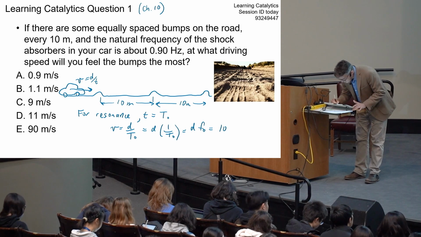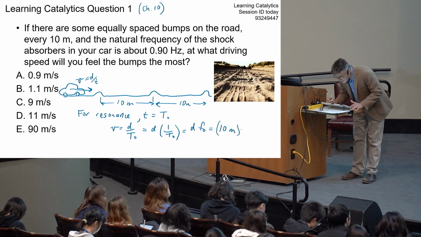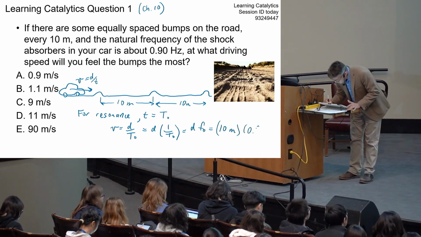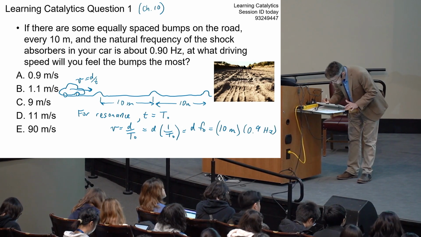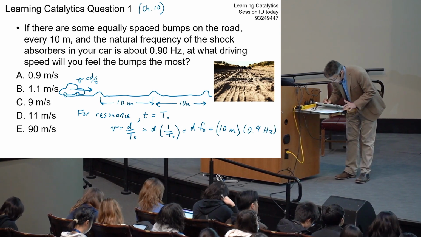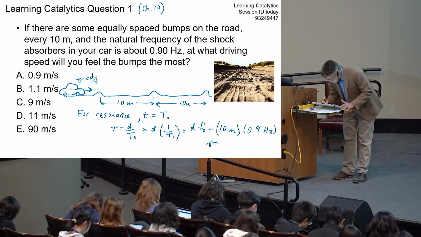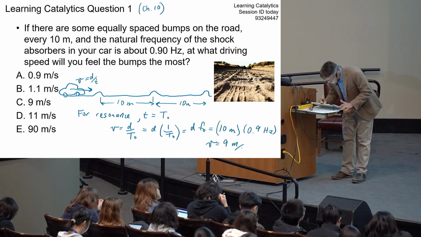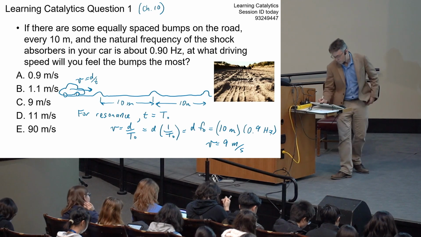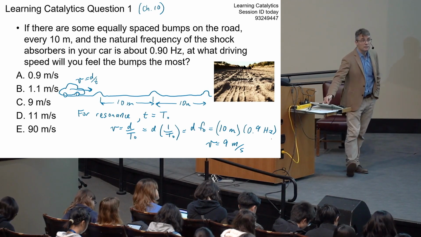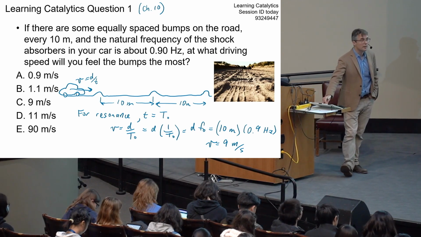So 10 meters is the distance between bumps. You're hitting them at 0.9 hertz, that's the frequency you're hitting them, so 0.9 times 10 gives you a speed of 9 meters per second. That's kind of interesting. The hertz is 1 over seconds, and times meters gives meters per second.